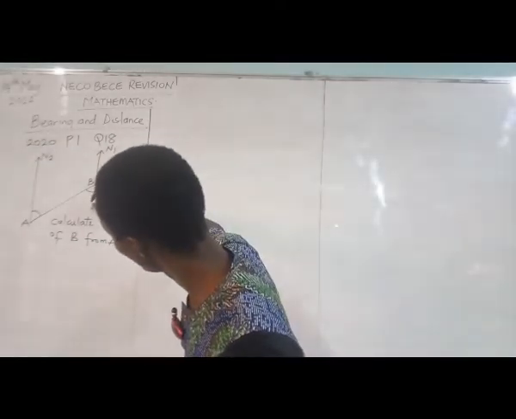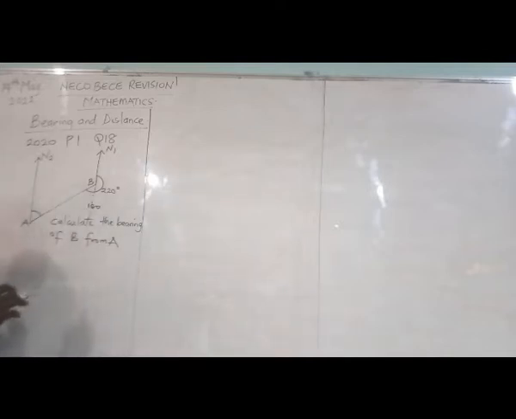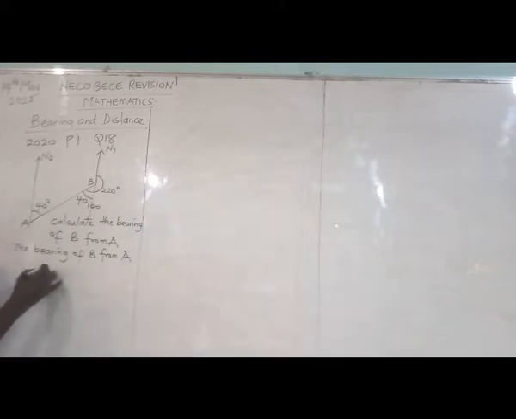So, if I drop this down, remember that this point at this very marker is 180 degrees. So if I remove 180 from 220, this angle here will be 40 degrees. By concept of alternate angles, this angle becomes 40 degrees. So the bearing of B from A means measure the angle on A, which will be 40 degrees.